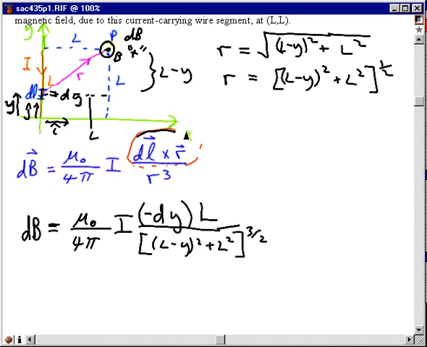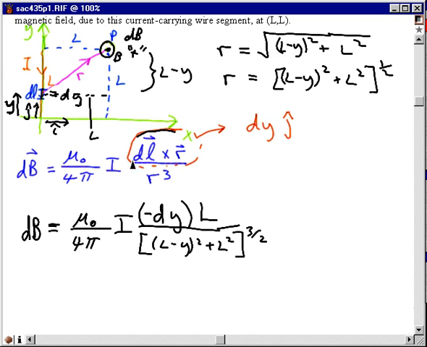So the numerator there. The dL is dy. You can think of that as pointing in the downward direction. Remember, it is negative, times j. Yeah, j, a unit vector in the y direction.